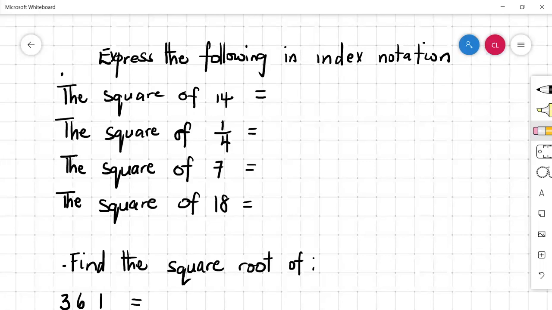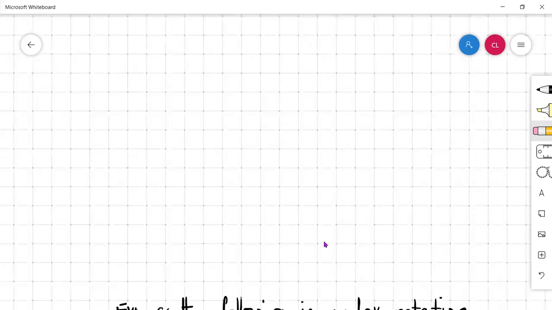Now, the first thing it says is to find the square of 7. Hold on, let me pull this down a little bit more. So if we wanted to find the square of 7, to find the square of 7, this really means what? 7 times 7, right?